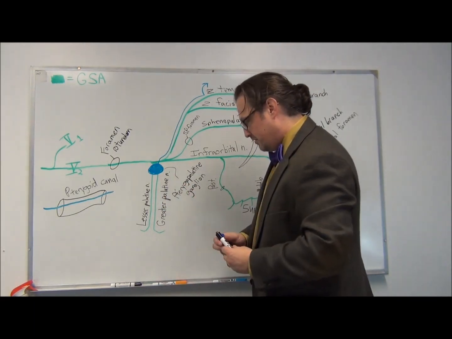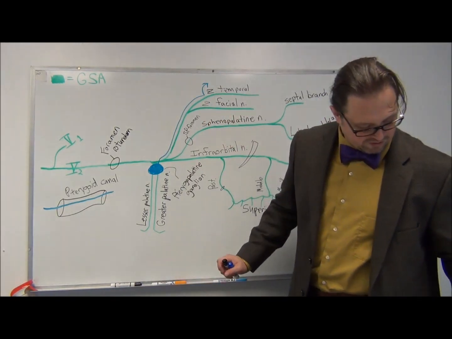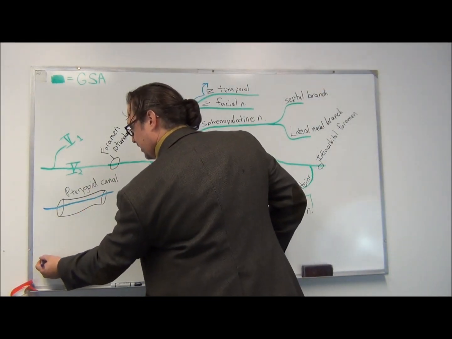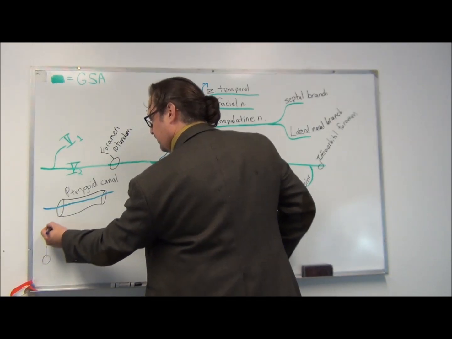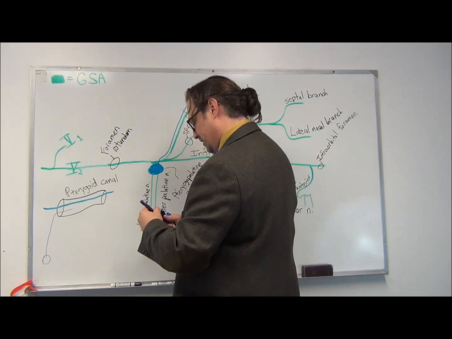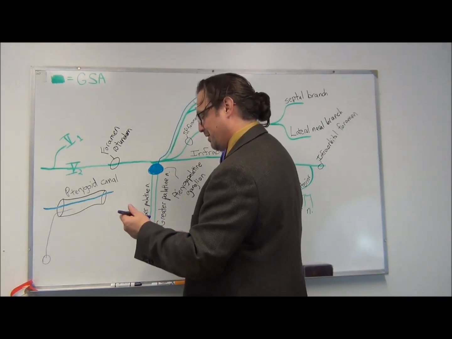In addition to these parasympathetics that are coming in, there's also some sympathetic fibers that are coming from the superior cervical ganglion. They travel through the pterygoid canal as well. Now these guys are known as the deep petrosal nerves, and I've discussed this in my autonomics of the head lecture, so don't obsess about this now.